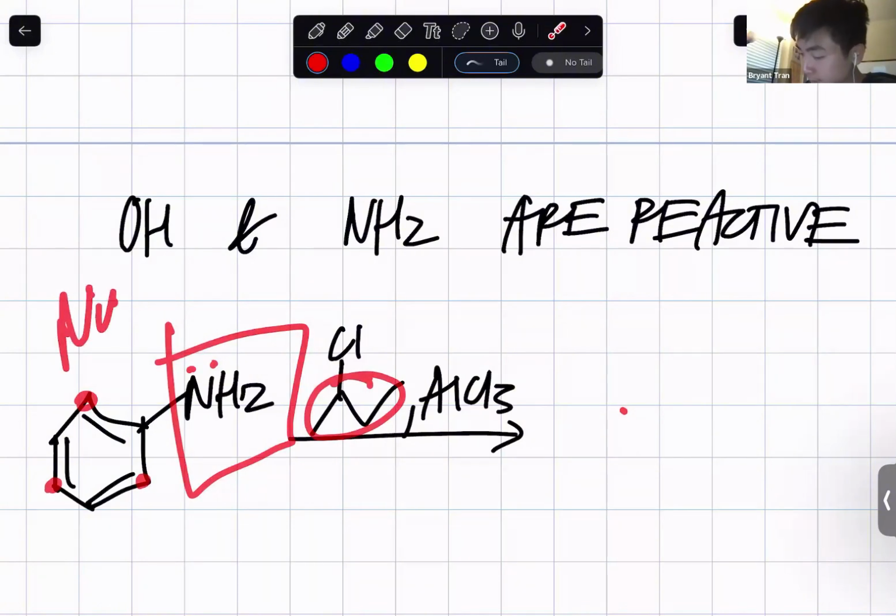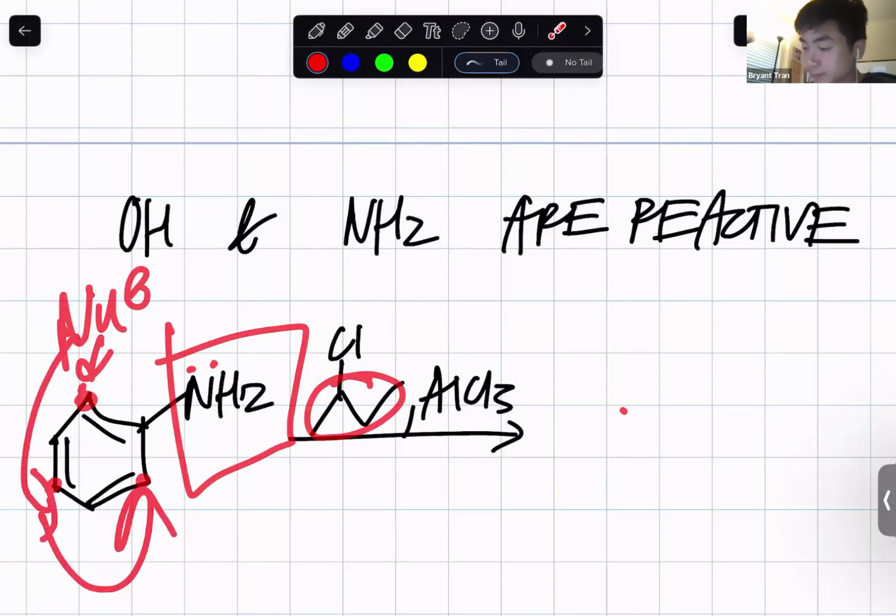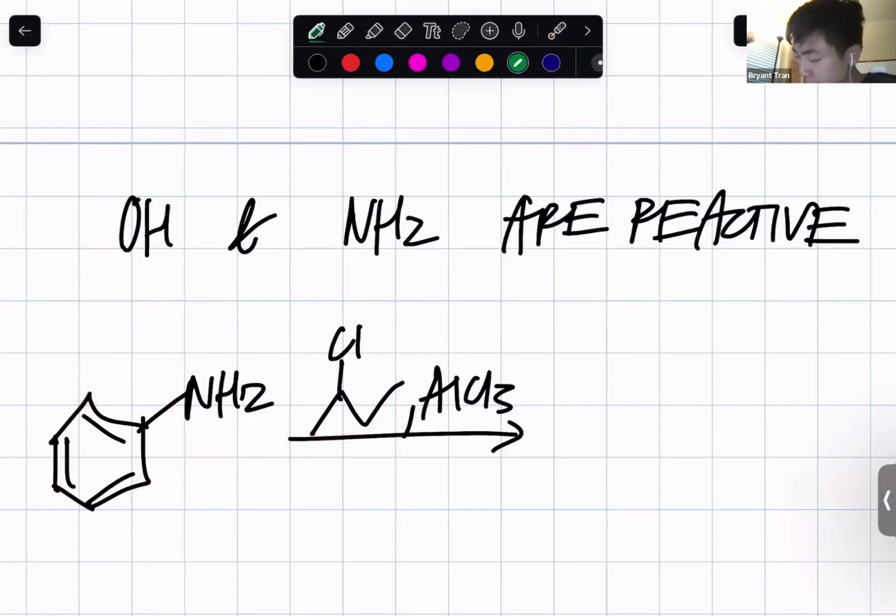That's if these carbons here are the nucleophiles, right? But the strongest nucleophile here would be this nitrogen here with the negative charge. That is a strong nucleophile itself, which will overpower the nucleophilic carbons of the benzene right there.